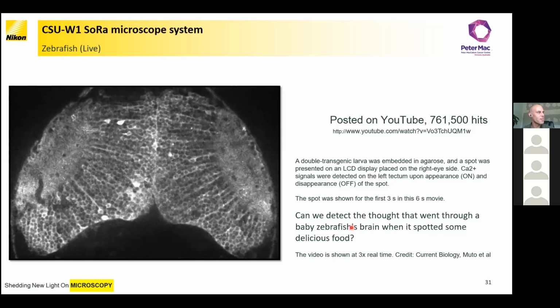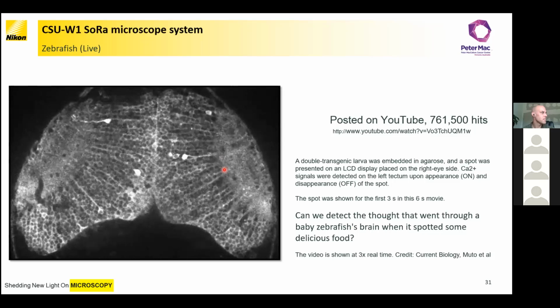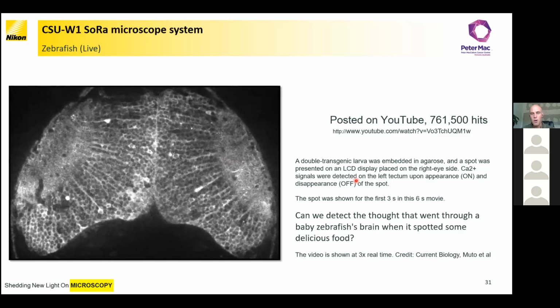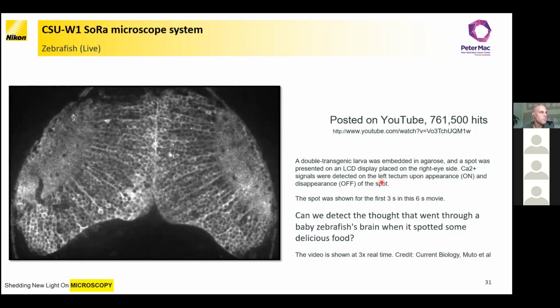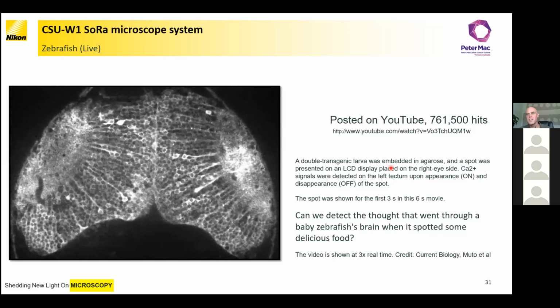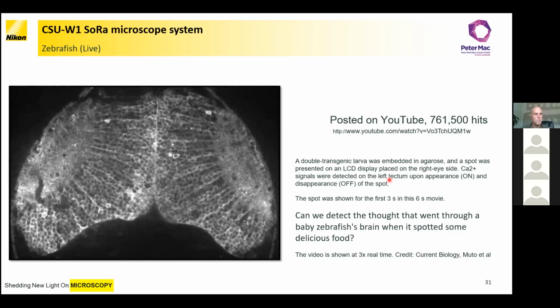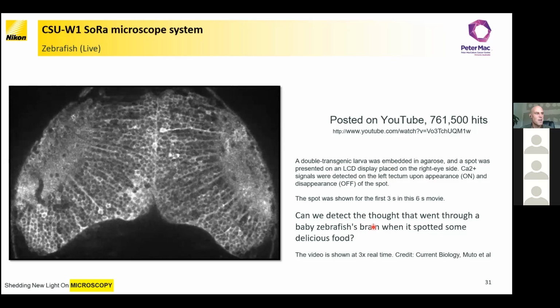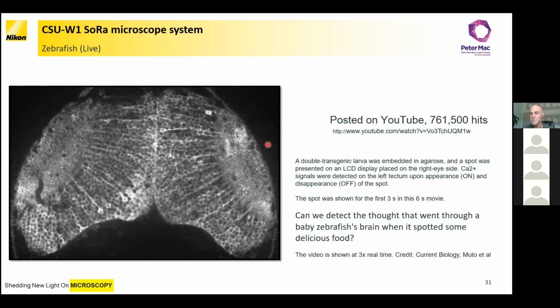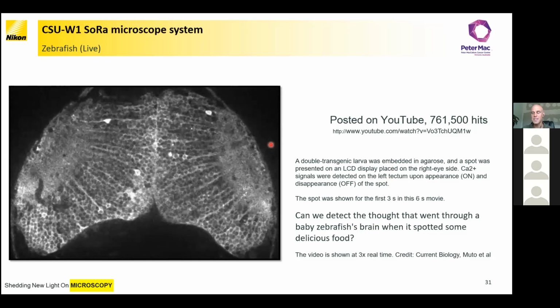So what we're looking at here is calcium imaging of a zebrafish brain. You can see the neural activity of the brain. You can read yourself here the imaging characteristics of it, but ultimately what these scientists have done is they stimulated the baby zebrafish by showing it some food, and they believe that the calcium imaging that you're seeing happening is the response of that baby zebrafish to seeing some food.